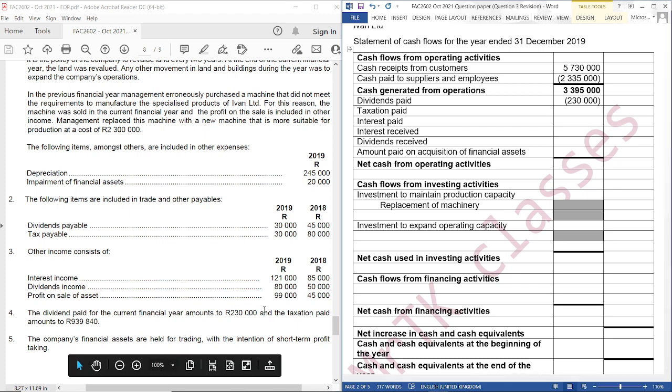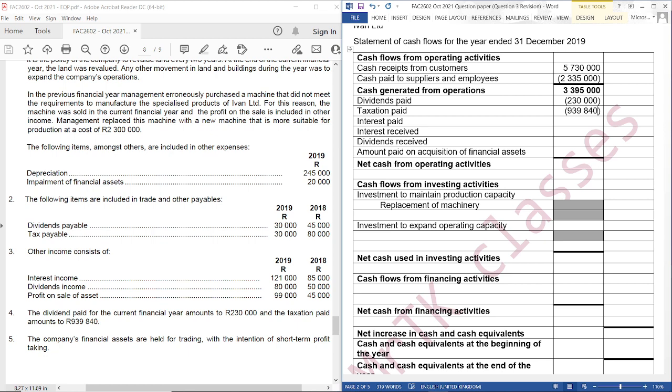And the taxation paid amounts to, so they gave us that amount as well. Taxation paid 939,840. Right? So there's something that you need to take serious note of when preparing statement of cash flows.